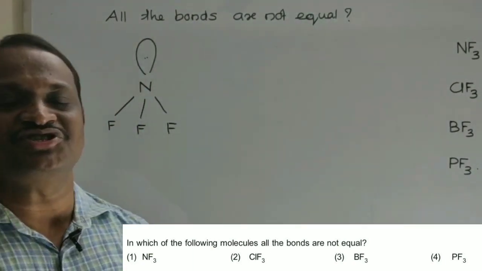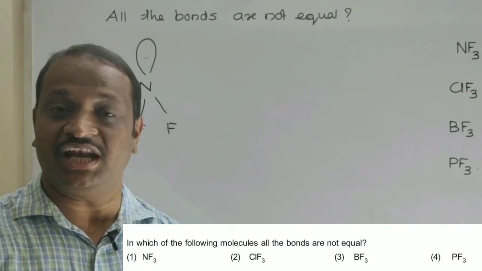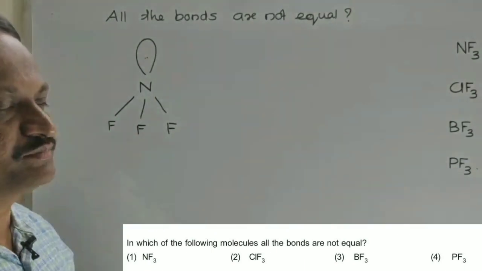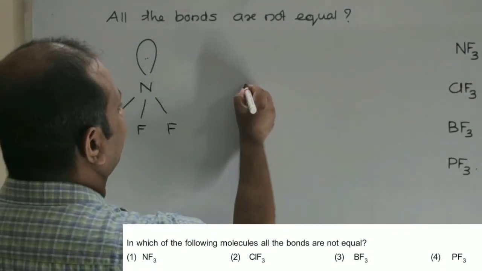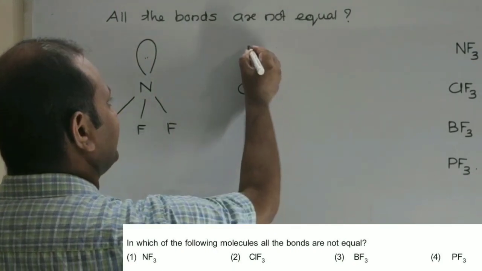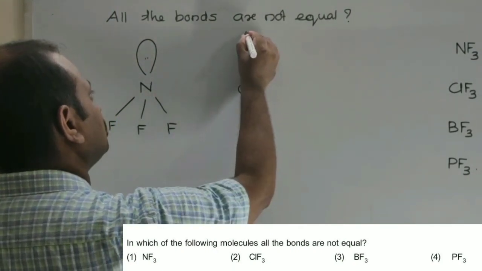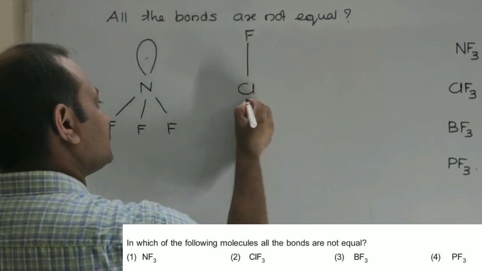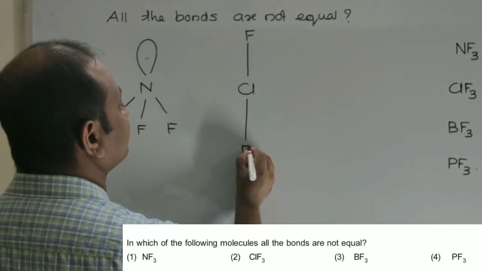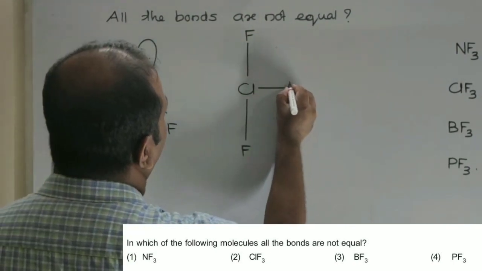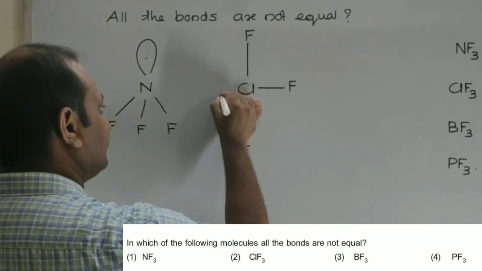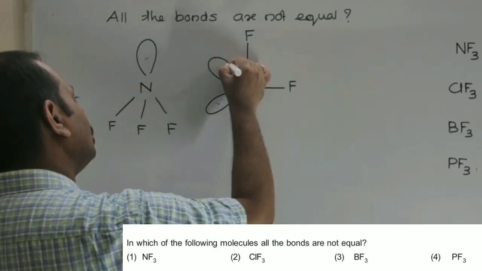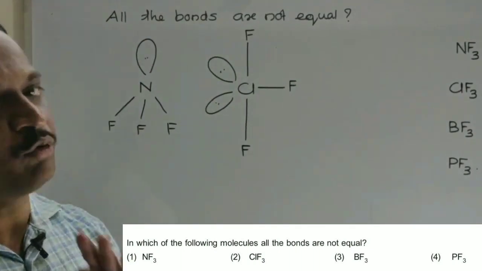And when you talk about ClF3, ClF3 has a T shape, with Cl at the center. Fluorine atoms are arranged axial, one fluorine in equatorial. Next, two lone pairs. Please try to understand.